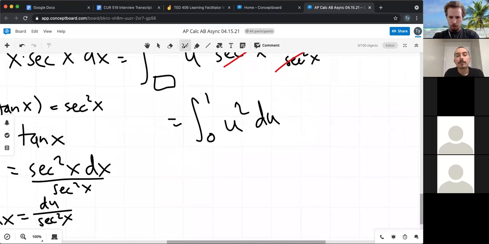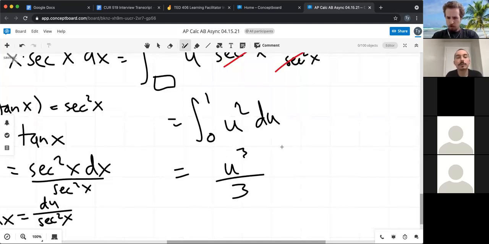Okay. We have a power rule situation here. We need to find an antiderivative of u squared. If it's power rule and it's anti-differentiation, we need to increase the power and divide by that number. So we have u cubed over 3, all evaluated at 1 and 0. We don't need a plus c.